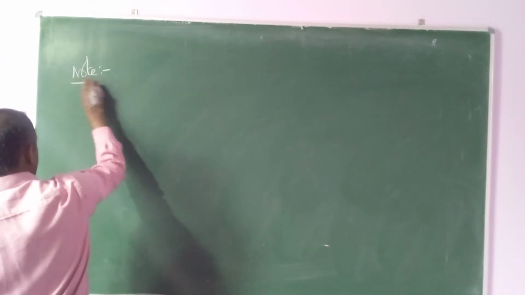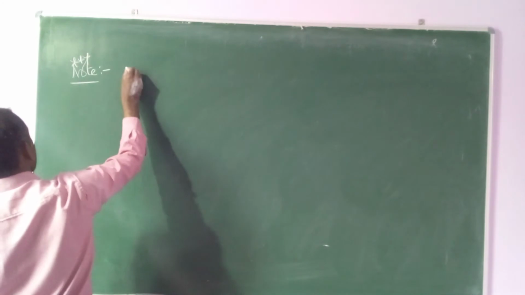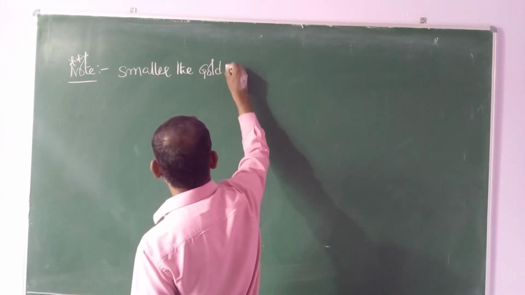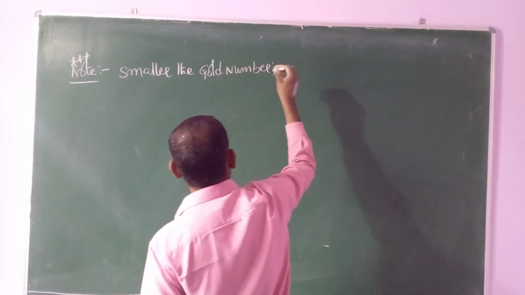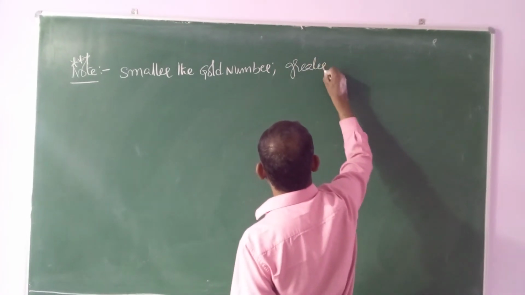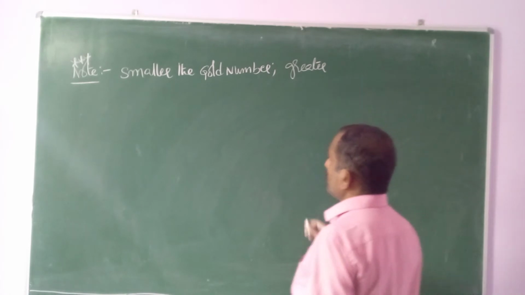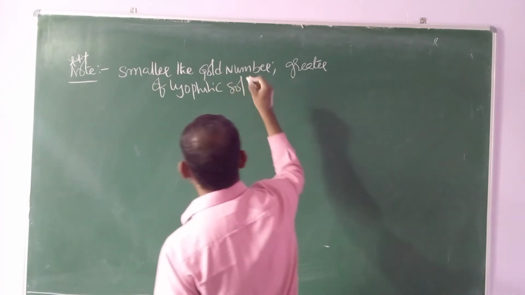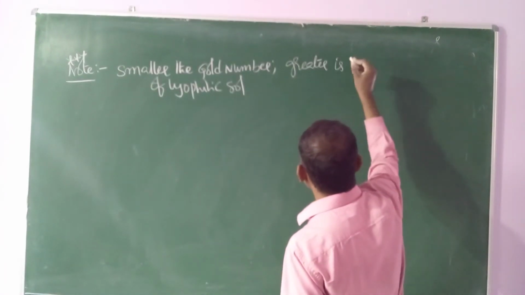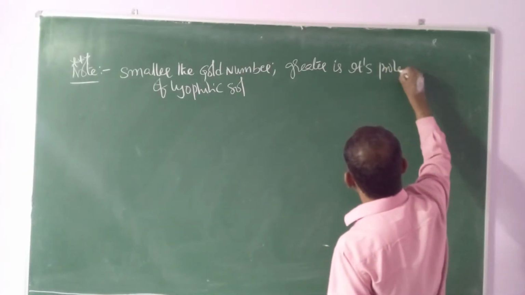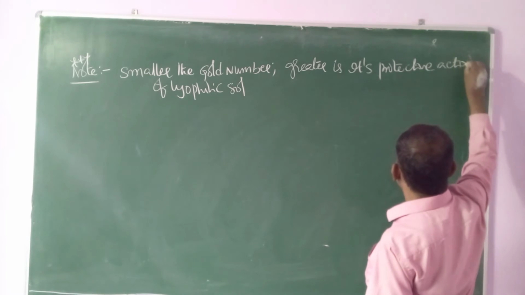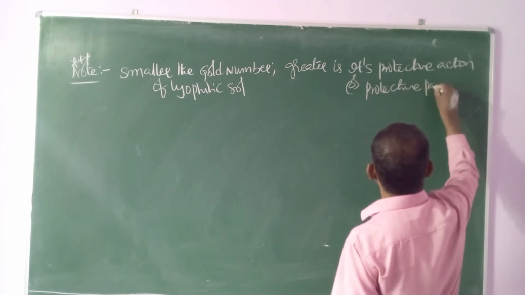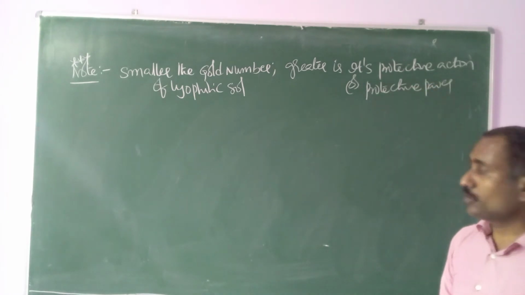This is important: the smaller the gold number of a lyophilic sol, the greater is its protective action, or protective power. Both are the same.